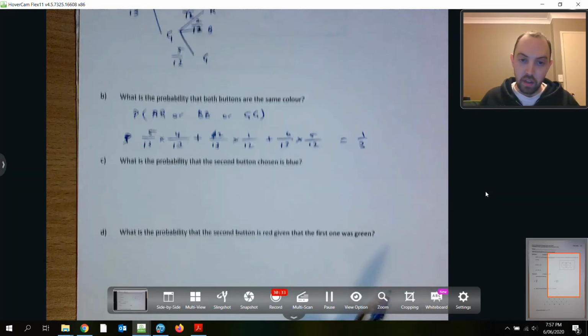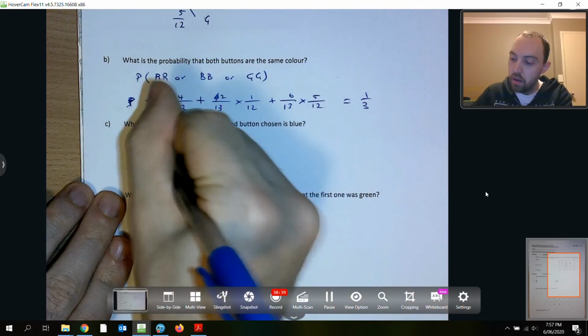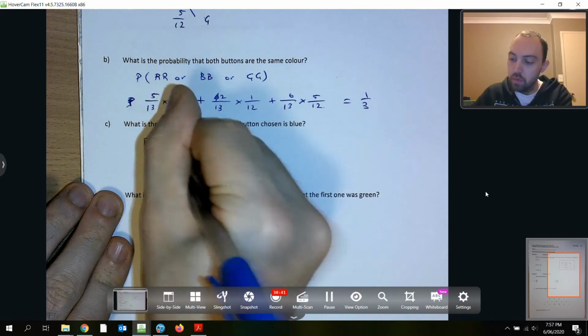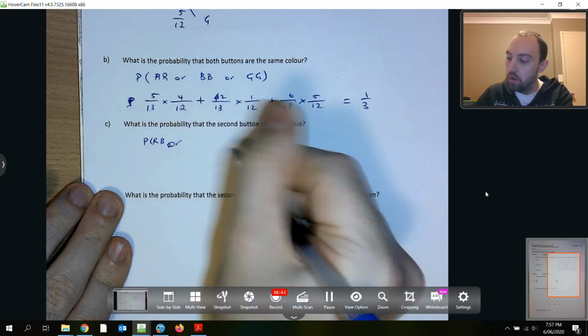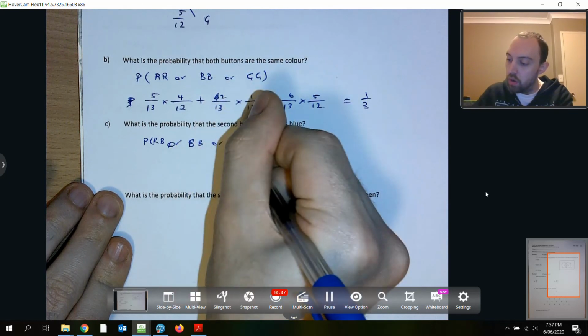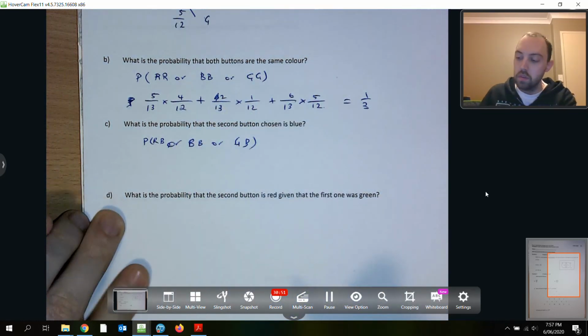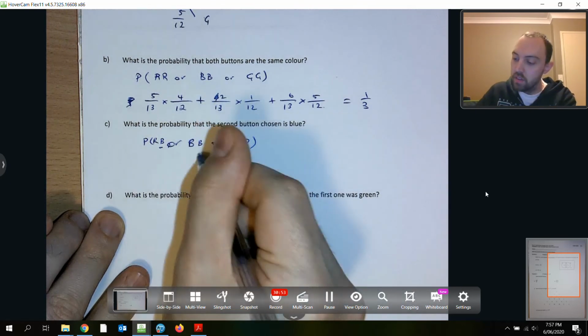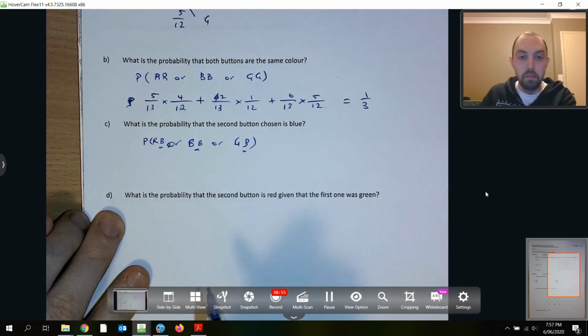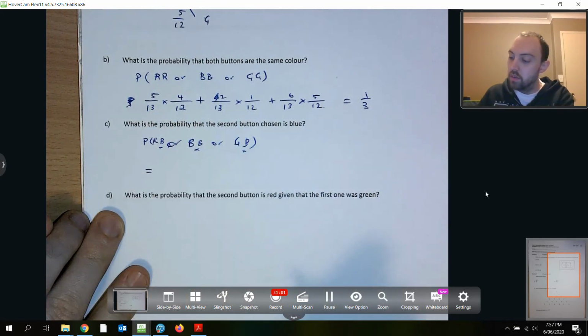What is the probability that the second button chosen is blue? So we can get red blue, or blue blue, or green blue. In each one of these cases, the second button that we've chosen is blue. So let's do this.